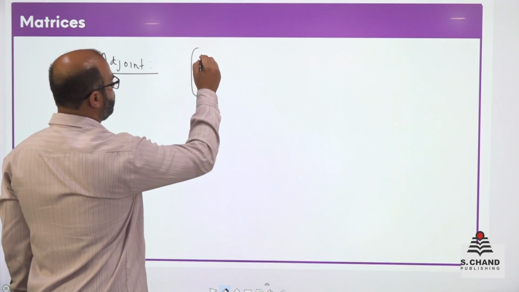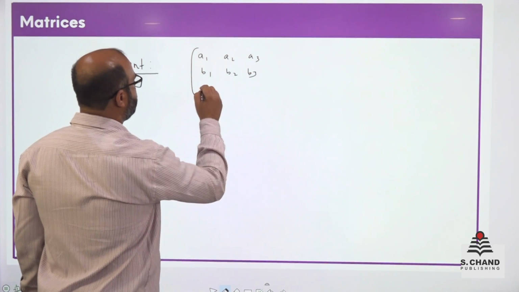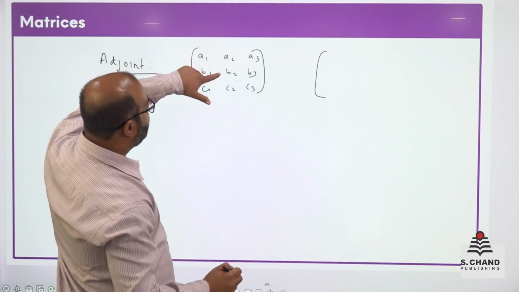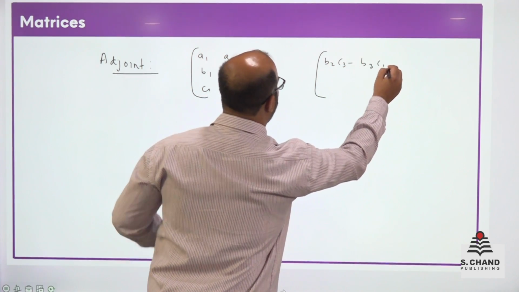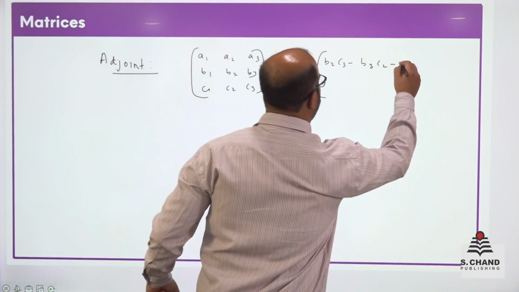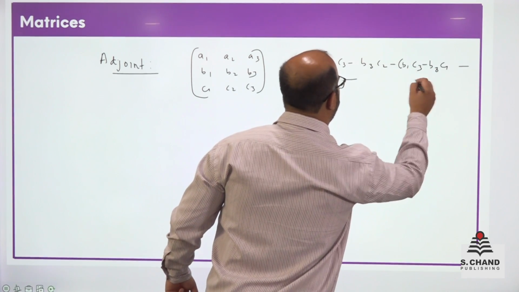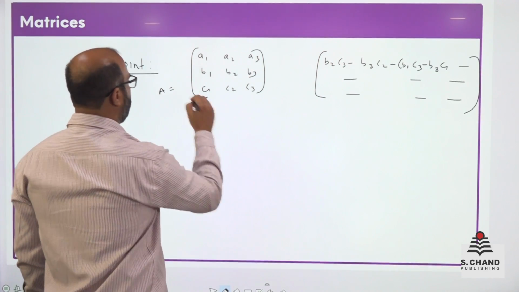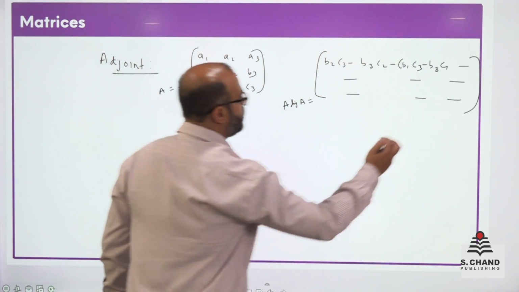If this is a matrix A1, A2, A3, B1, B2, B3, C1, C2, C3, then its adjoint will be, for A1 the cofactor is B2, C3 minus B3, C2. For this one, minus B1, C3 minus B3, C1, and keep on writing the cofactors of all the elements. This is A and this is the adjoint of A, and its transpose of course.